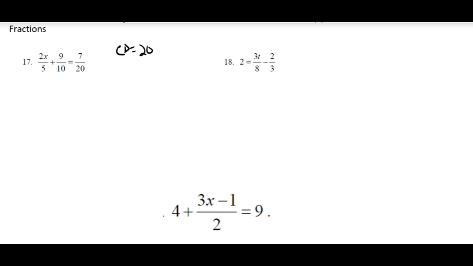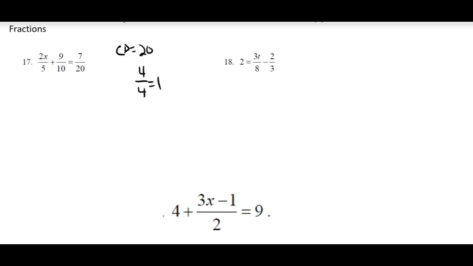And the reason is because I could do multiples of 5: 5, 10, 15, 20, and 10, 20. Okay? So we know that whenever we multiply by something like 4 over 4, that's the same thing as multiplying by 1. So we're changing the number, but it's just like we are unreducing a fraction.